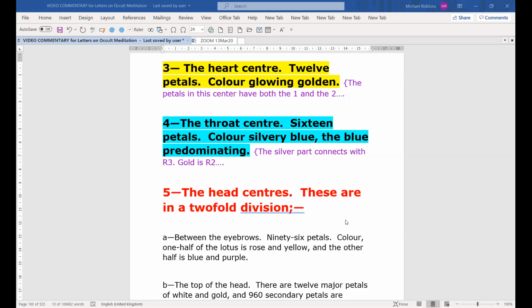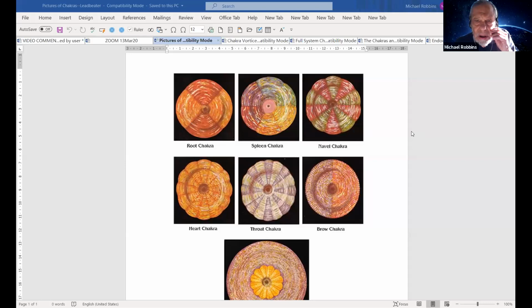I think Leadbeater has those images looking at the Ajna Center as he saw it. Okay, well, now here we have the chakras as Leadbeater saw them.